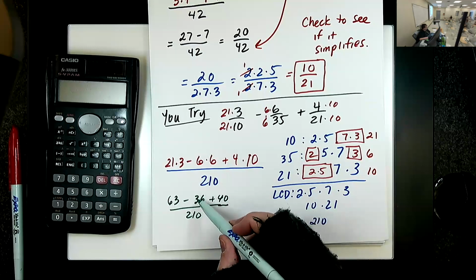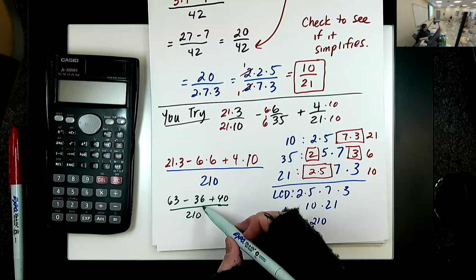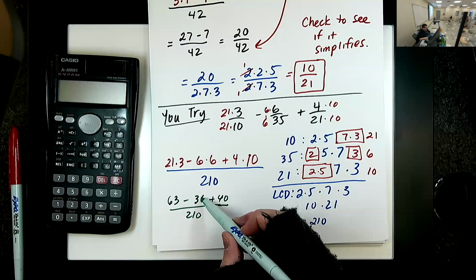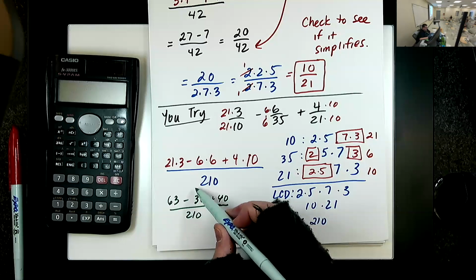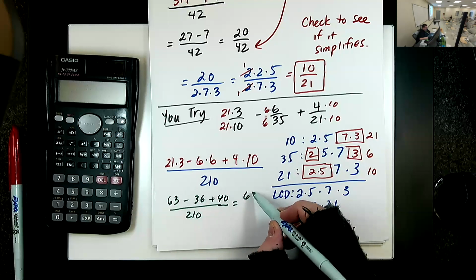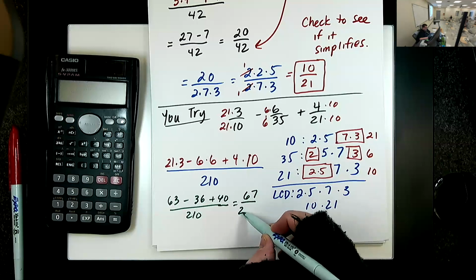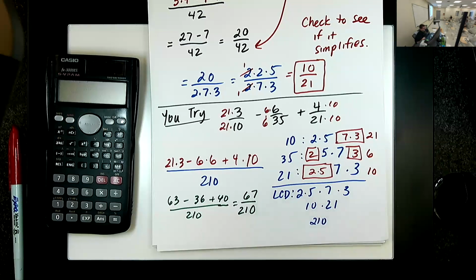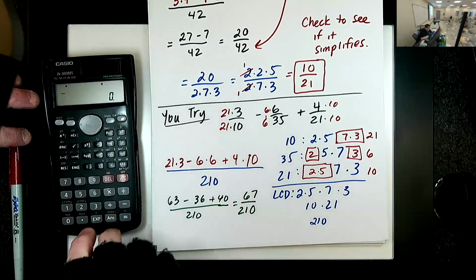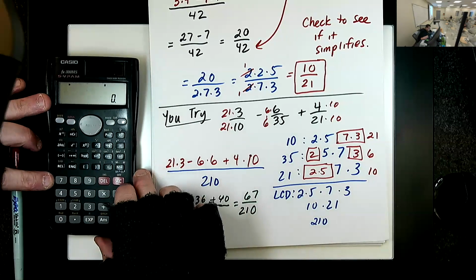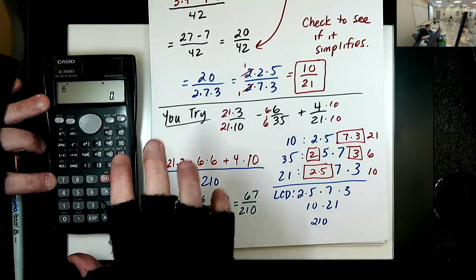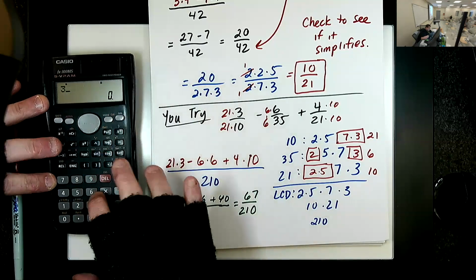But 40 minus 36 for me is pretty easy. 40 minus 36 is 4. And it's a positive 4, which means I have to add it to the 63. I end up with 67 over 210. Is that reducible? I think 67 is prime. I'm just going to check real quick by adding the initial fractions.